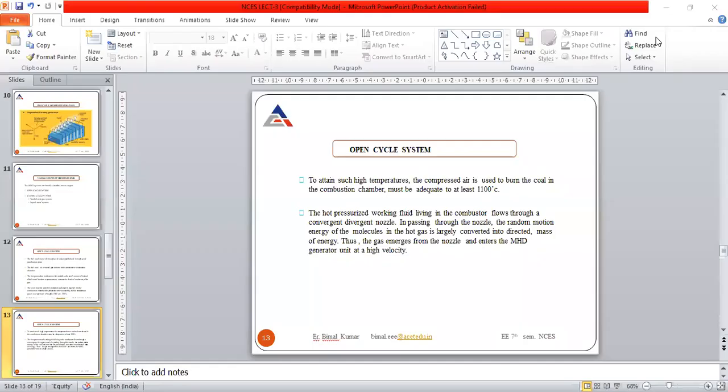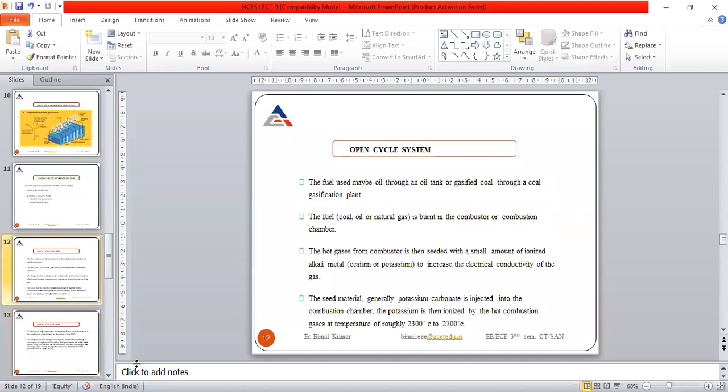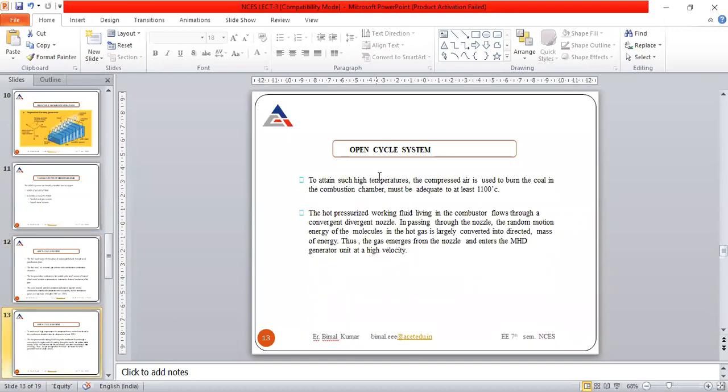Yes. So to attain such a high temperature, of the order of 2300 degrees C to 2700 degrees C, the compressed air used to warm the coal in the combustion chamber must be adequate to at least 1100 degrees C. The hot pressurized working fluid leaving the combustor flows through a convergent divergent nozzle.